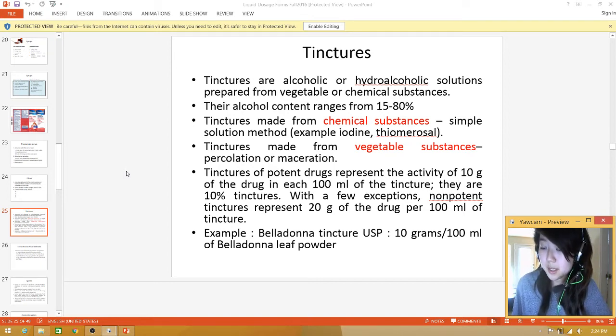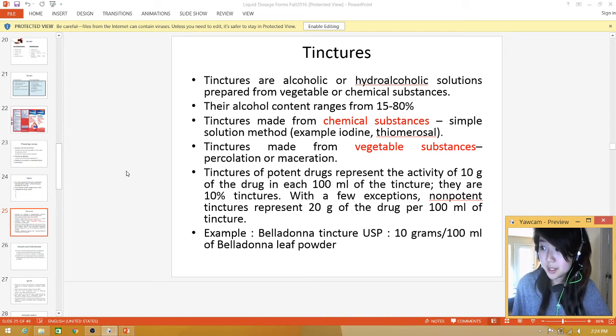Tinctures made from vegetable substances are made by percolation. This is where you take a tube containing a filter at the bottom, and then you take a crude vegetable extract inside the tube, and then we're going to pass a solvent such as 80% alcohol through that tube. The liquid that passes through the filter of the tube is going to be the tincture solution.